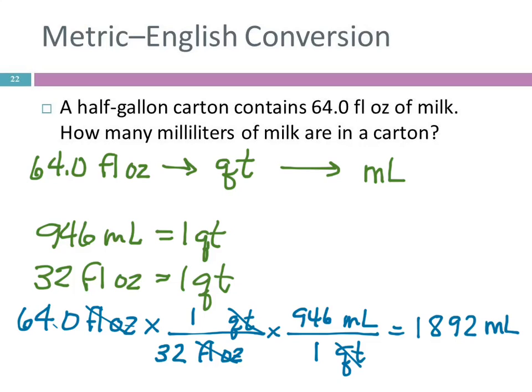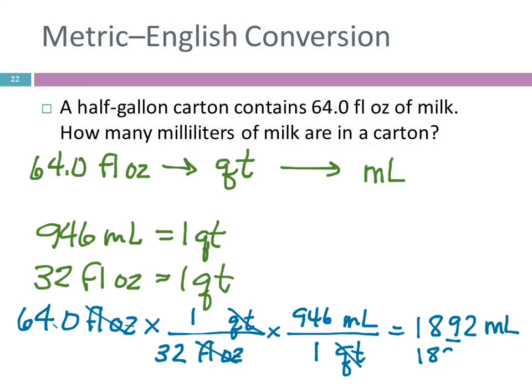We need to consider significant figures, though. This factor is relating an English unit to an English unit. So this is exact. We don't have to think about the sigfigs there. This is metric and English. We need to consider the significant figures. The 1 is understood to be exact, but 946 has 3 significant figures. That limits our answer to 3 significant figures.